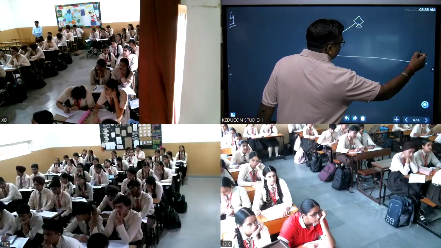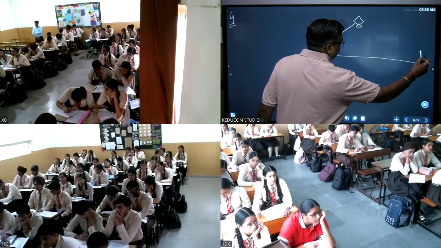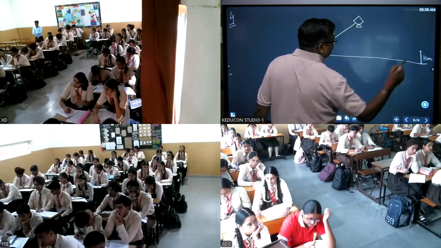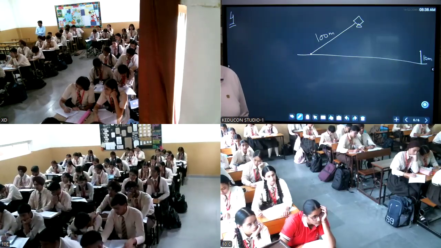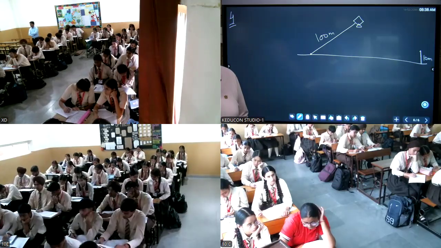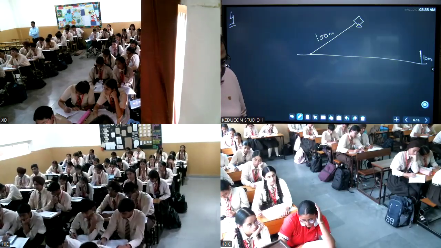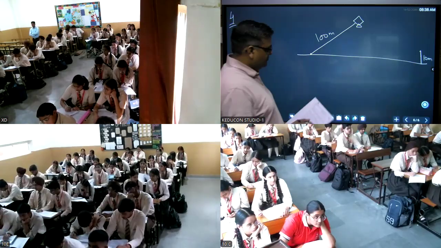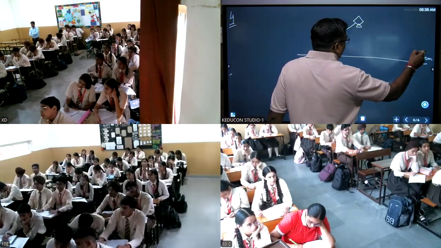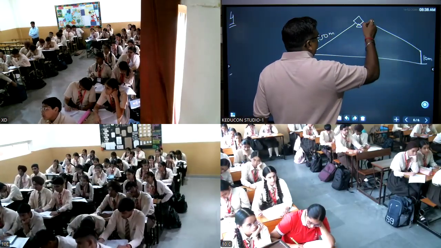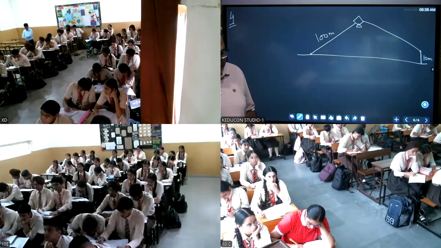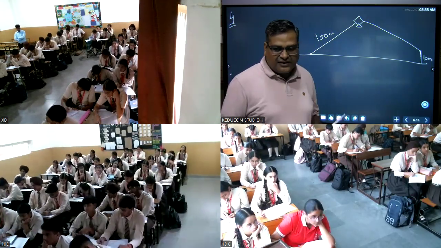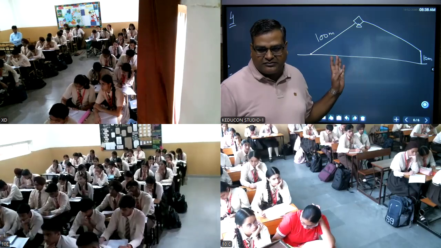Another boy, he is standing on a building of height 10 meter. Is this clear? Is this clear, bacha? Now, he is also flying the kite and it is also at the same height. Is it clear, bacha? Have you understood the diagram or not?